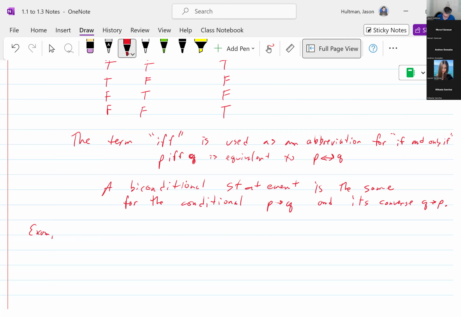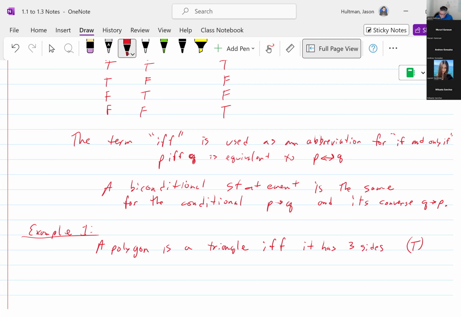Example. A polygon is a triangle if and only if it has three sides. That's a true statement.